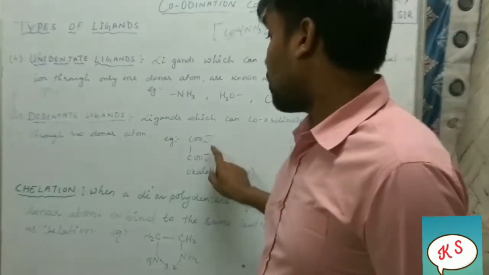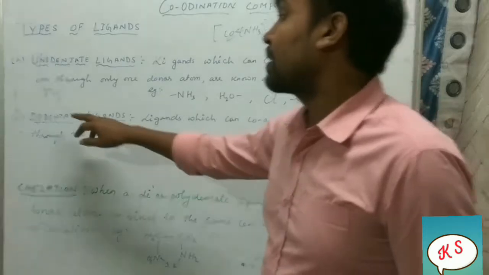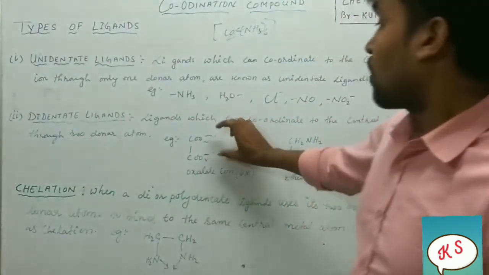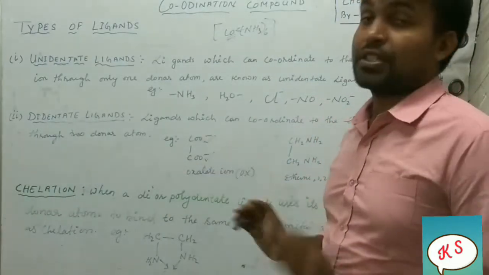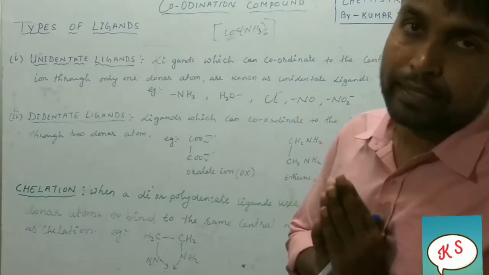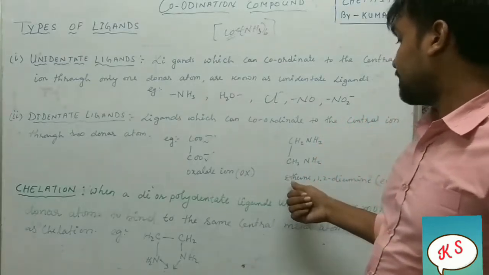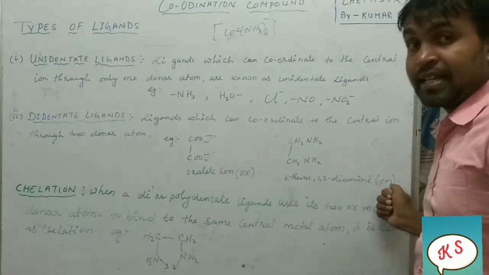So the oxalate ion is an example of a didentate ligand because it is capable of forming a coordinate bond with the central metal atom through two positions. Another example of didentate ligands is ethane-1,2-diamine. It is represented as en.